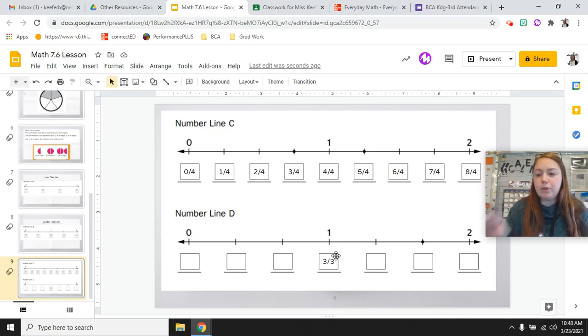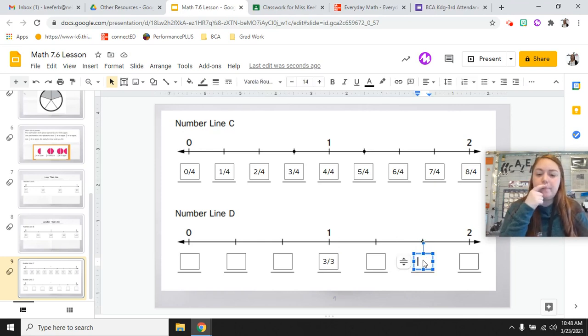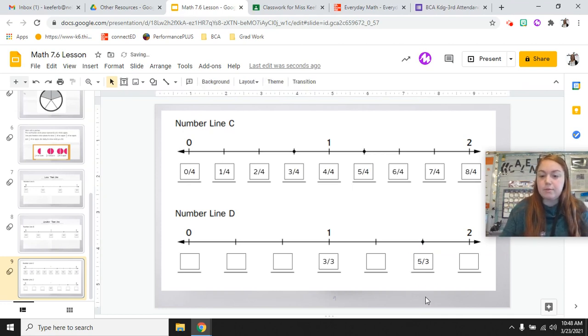So now I'm going to challenge you. If this is 3/3, what would this dot be? If the 1 is 3/3, you need to count 2 more spaces over. It would be 5/3. Okay, so then you fill in from there.